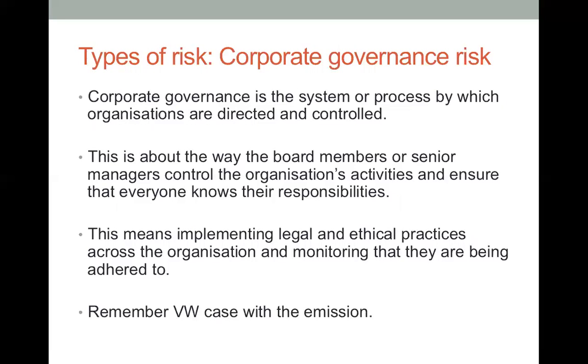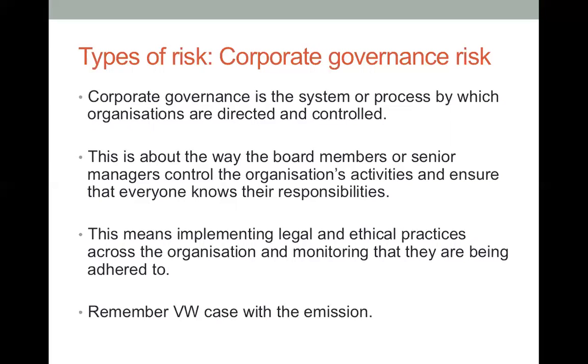And the next one is corporate governance risks, which is basically the system or process by which the organizations are directed and controlled. So it's about how the organizations are managed, basically. So that's what we mean by corporate governance risks. The way the organization is managed can also pose some risks for us.